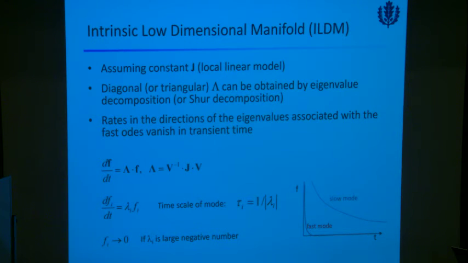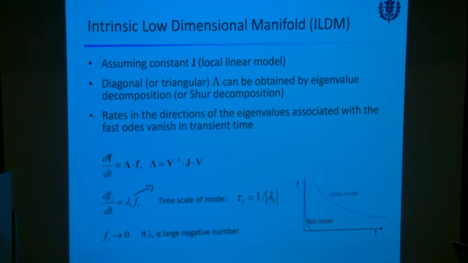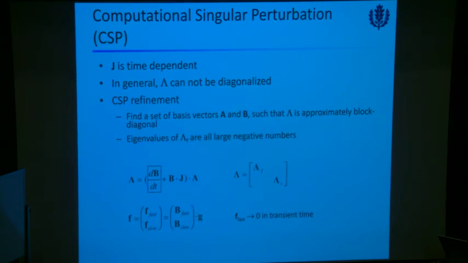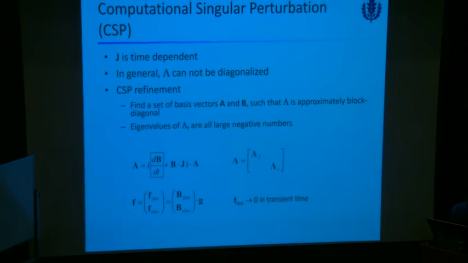What is the solution here? fi is fi0, the initial condition, times the exponential of lambda i t. So the mode changes exponentially with time. And the lambda defines the time scale of this mode. So 1 over lambda tells you the time scale, how fast it e-folds.